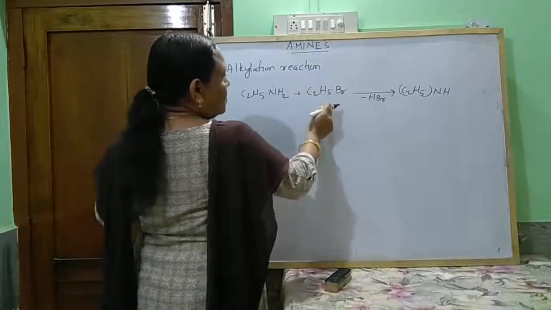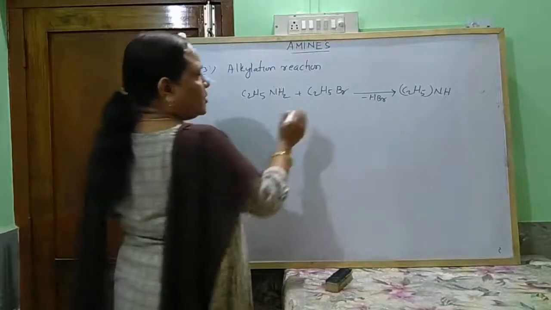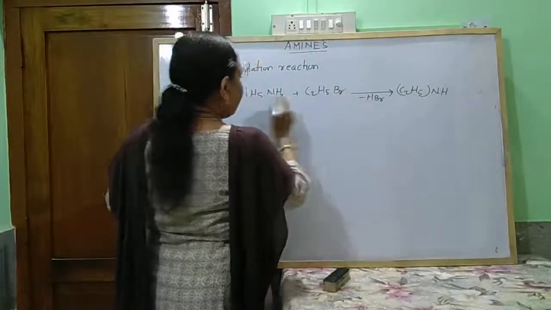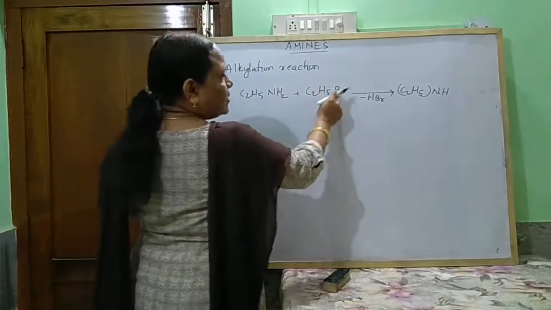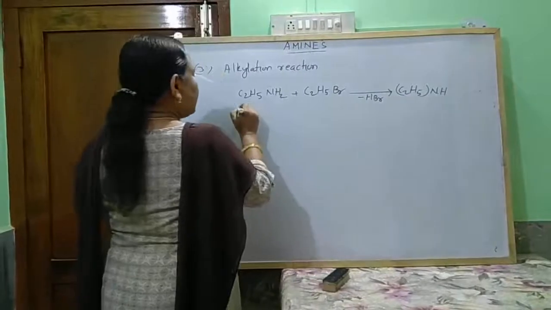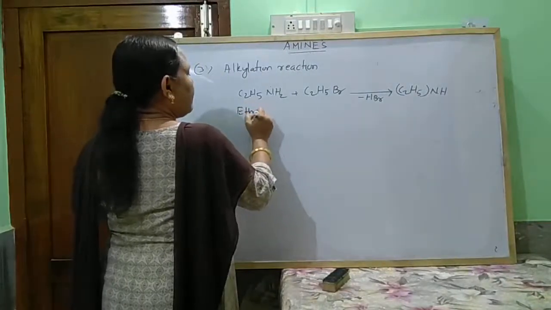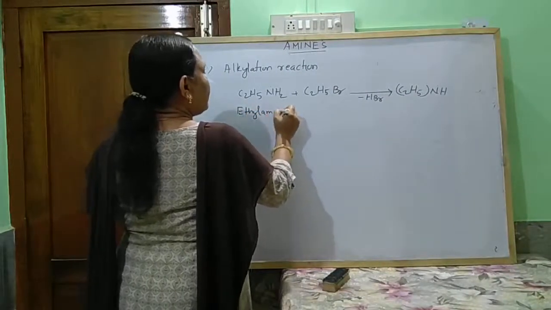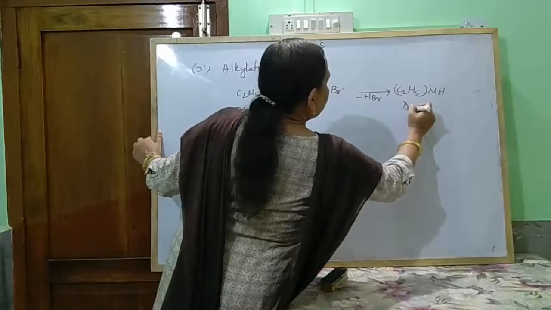So this is removed. This is a nucleophilic substitution reaction. In place of Br, C2H5NH is substituted. This is diethylamine.